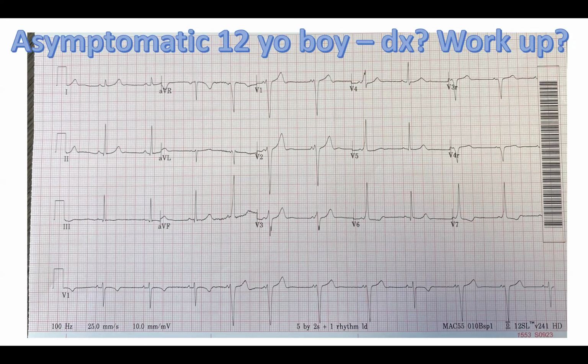it also looks, looking at the rhythm strip, on the fourth beat the PR interval is shortened, so it also looks like it's pre-excited. And then going further along in the rhythm strip, I believe there's one beat where the PR interval is back to the baseline PR interval, and then it's pre-excited again.